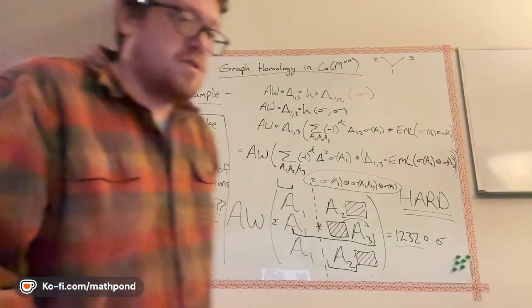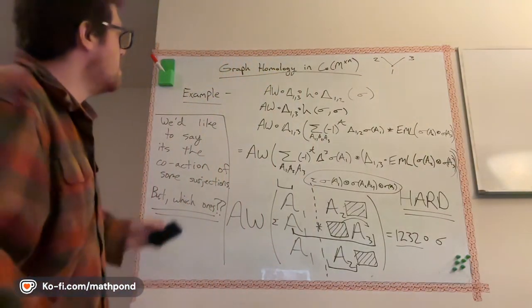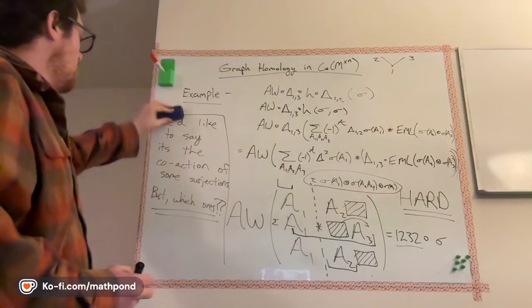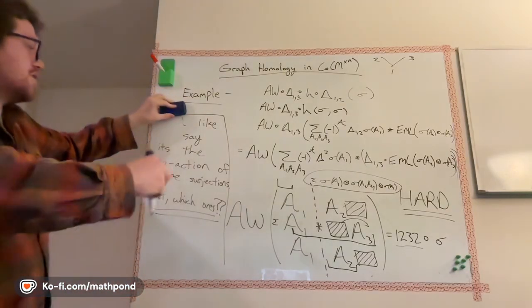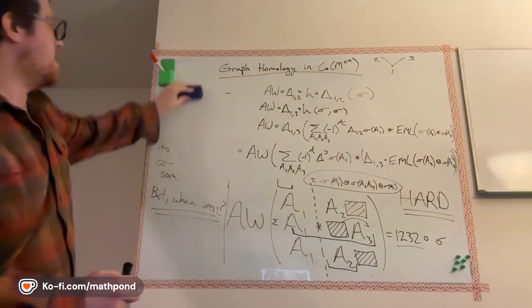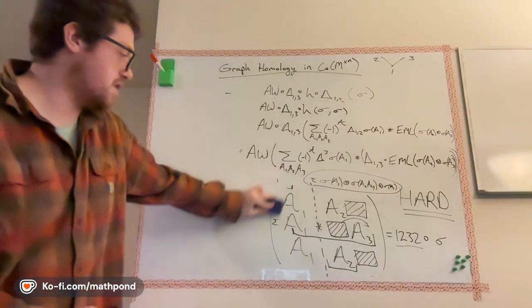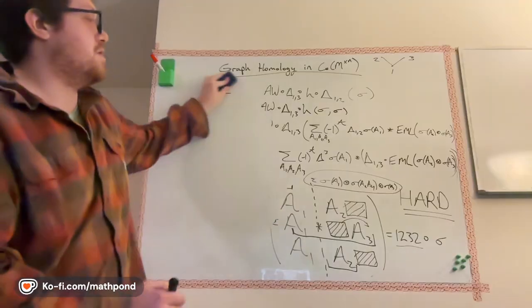Okay, so let's do the other computation. Hopefully the board is good. So we'd like to say it's the coaction of some surjections, but which ones? That's where this calculus comes in, and then we just have to prove that this calculus is essentially correct. And that's the second conjecture.